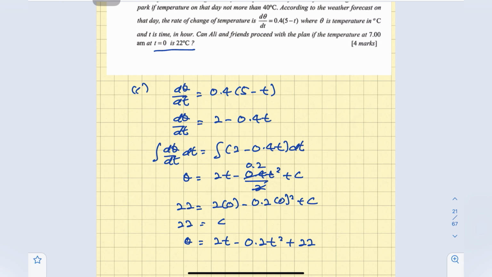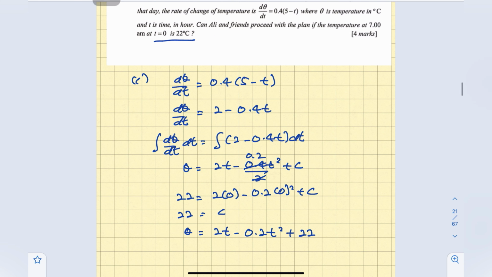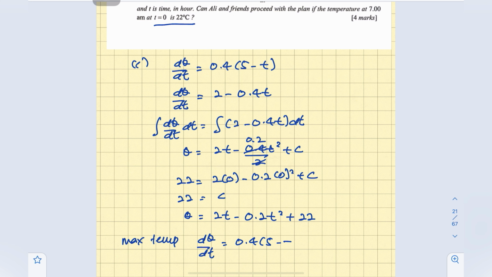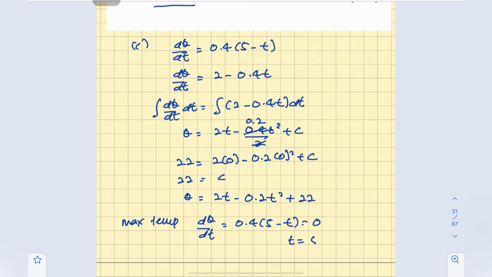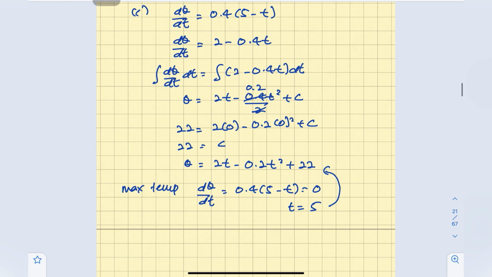Okay, we want to know the maximum temperature. So for maximum temperature, dθ/dt equals 0. Just now it was given as 0.4 times (5 − t) equals 0. We get t equals 5. Then we substitute t equals 5 into the function of temperature.